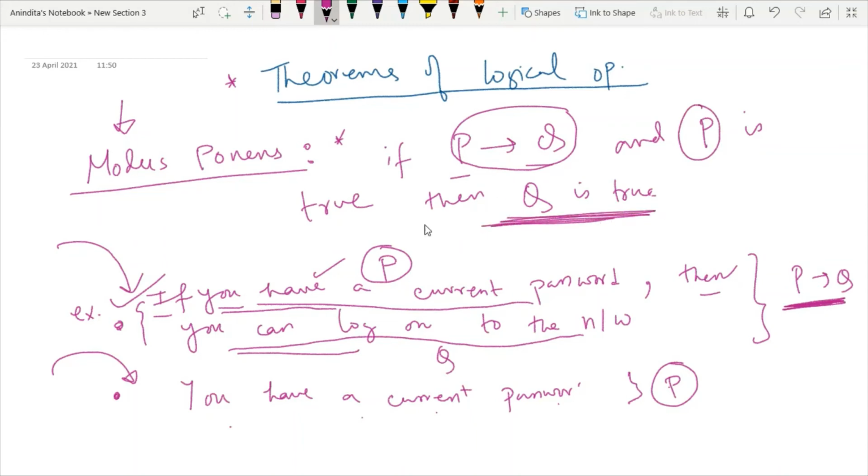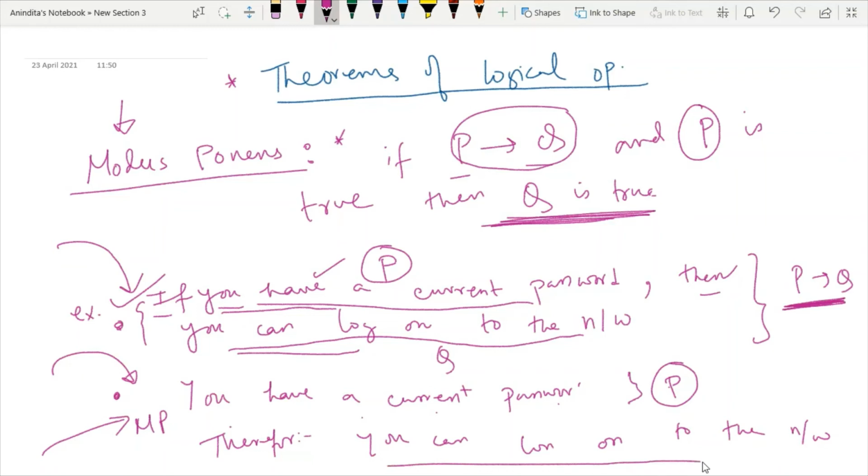Q is true means at this point we apply the concept of modus ponens, and as an output we get: therefore, you can log on to the network. So this will be your outcome.